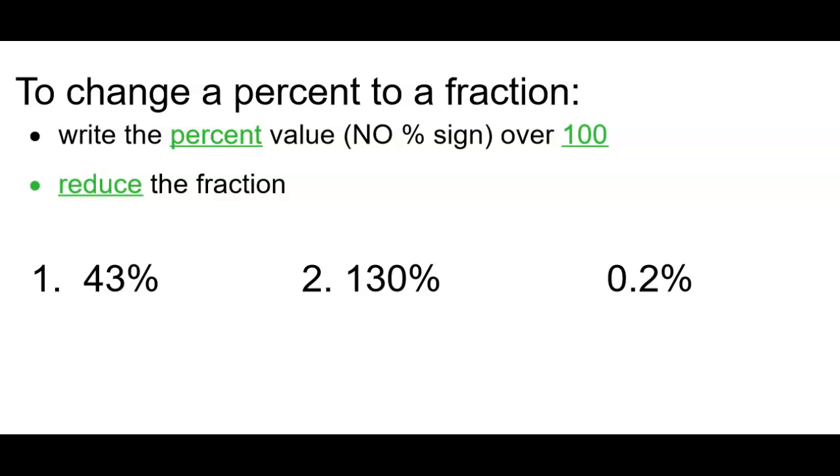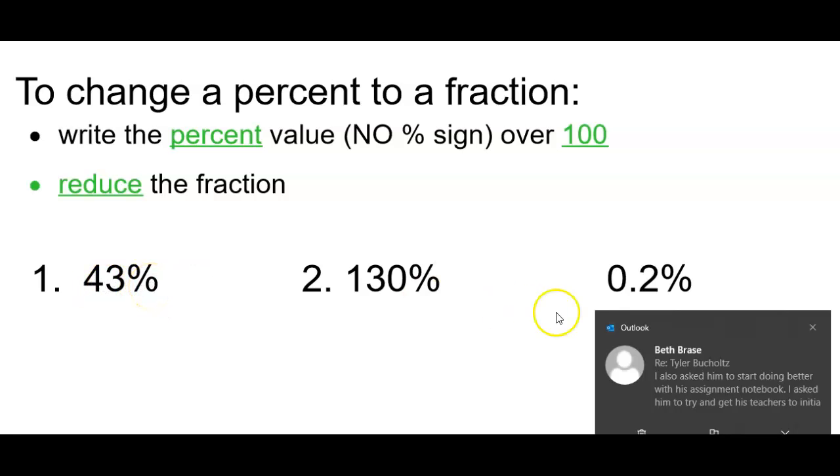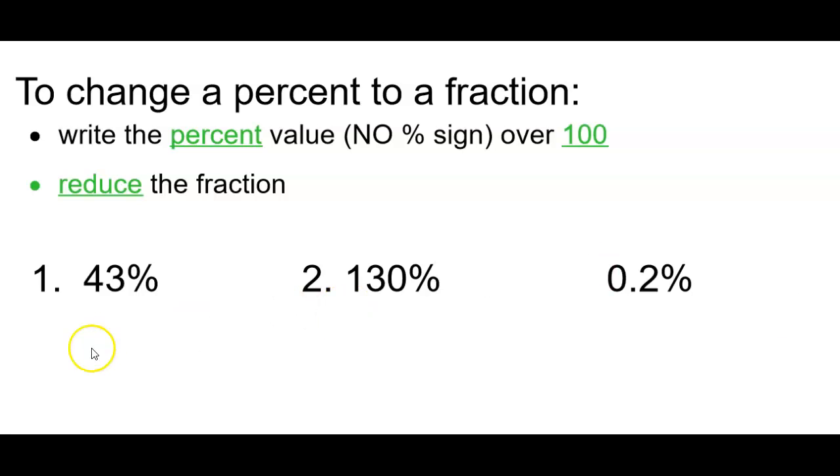So wouldn't we just write the percent value without the sign over 100 and then reduce the fraction? So this, right, 43% is going to become 43 over 100. So I'm just doing what we learned in the first method backwards.